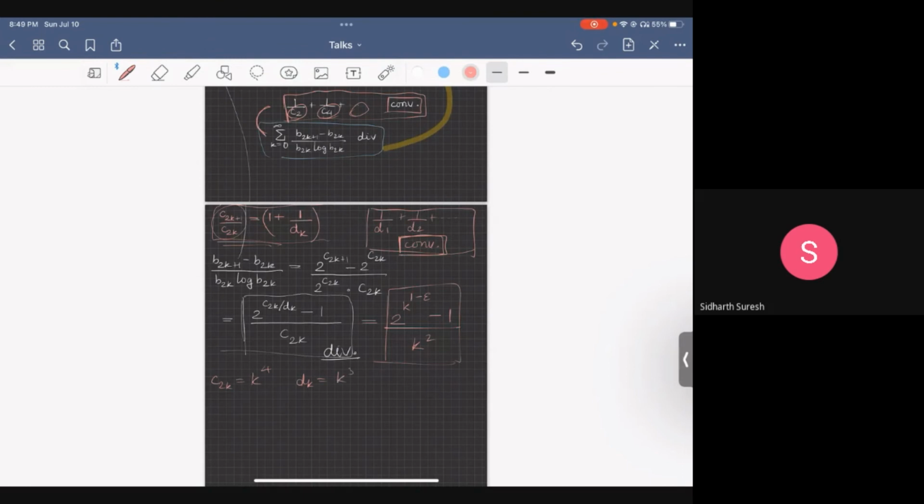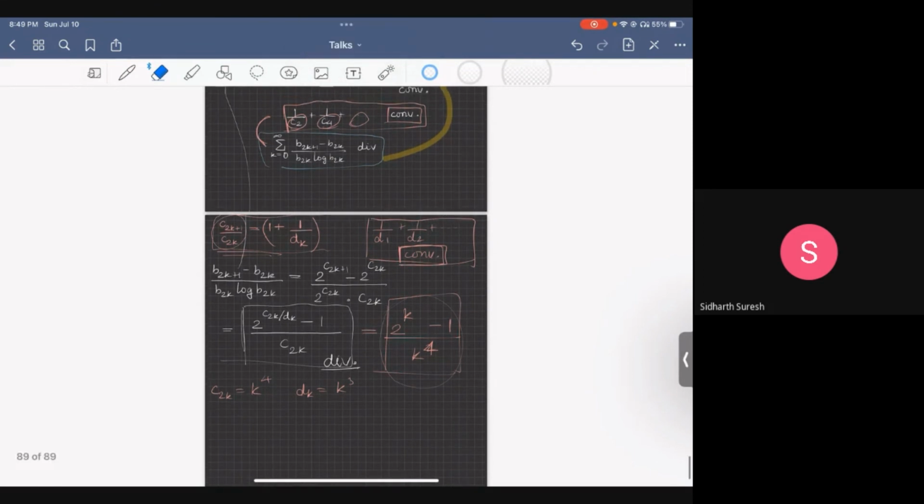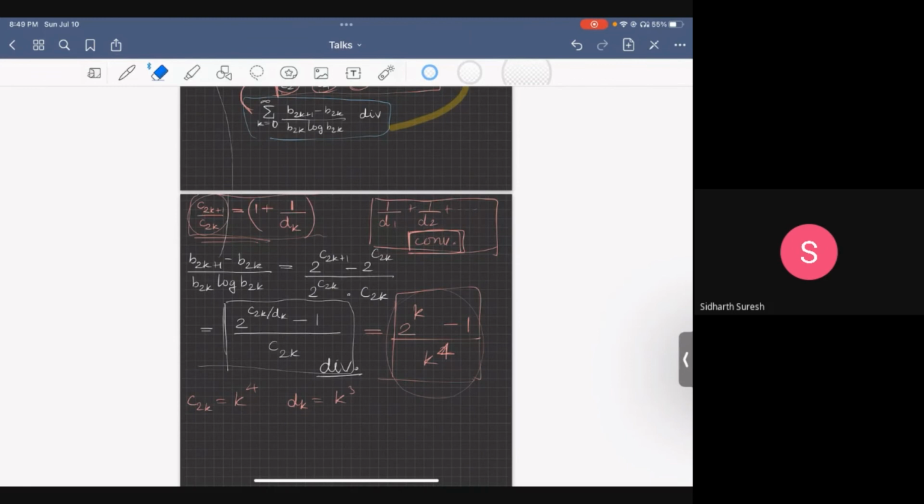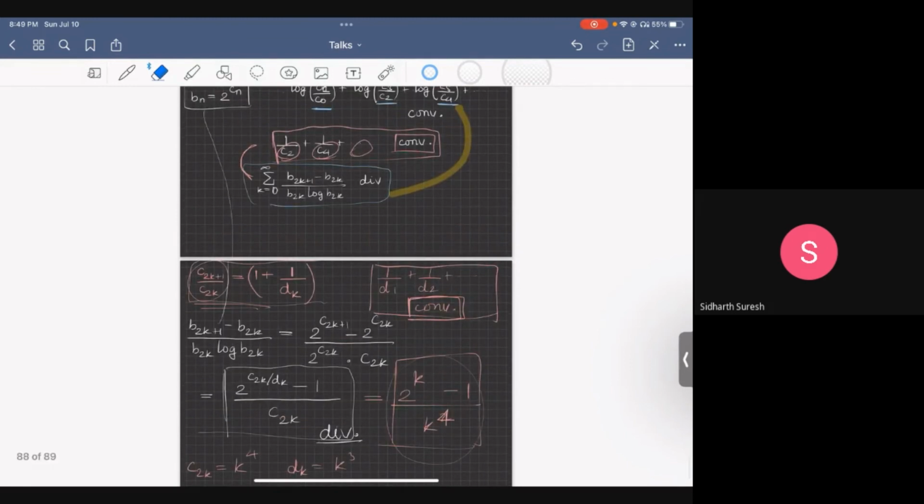So that would also work, right? Yes, should work. And then this will be 2 raised to k or k to the 4. This diverges because it's an exponential, 2 raised to k upon a polynomial, and so this summation will diverge. The summation of 1 over di converges because it's k cube, and 1 over c to the k also converges because it's k cube.